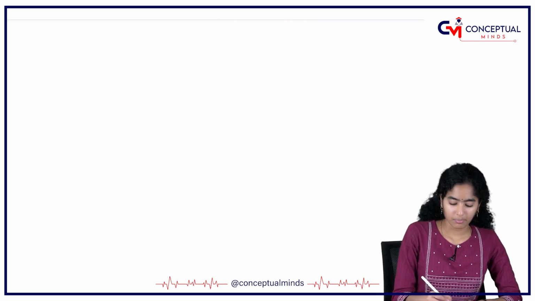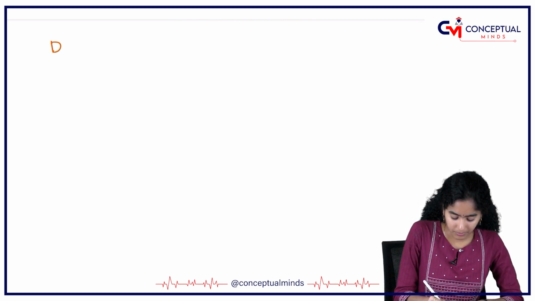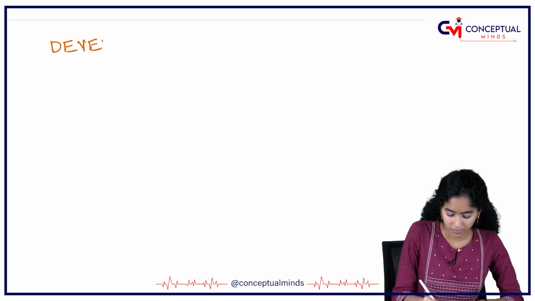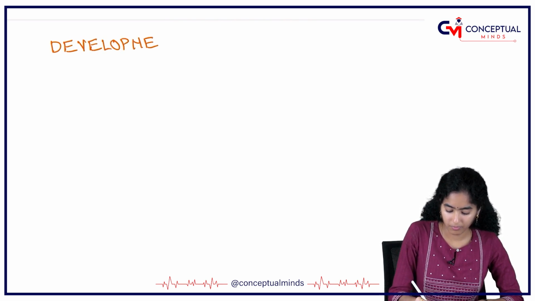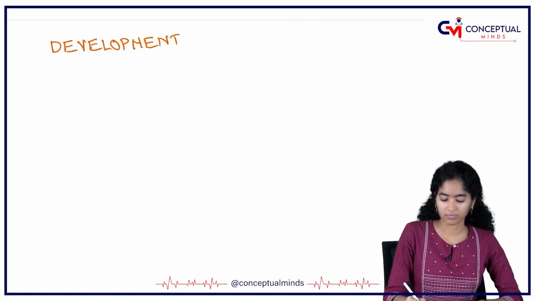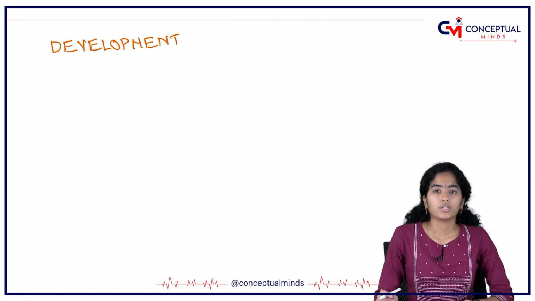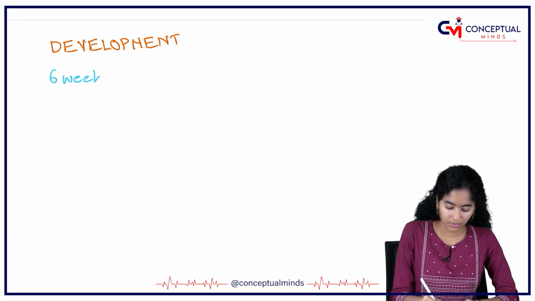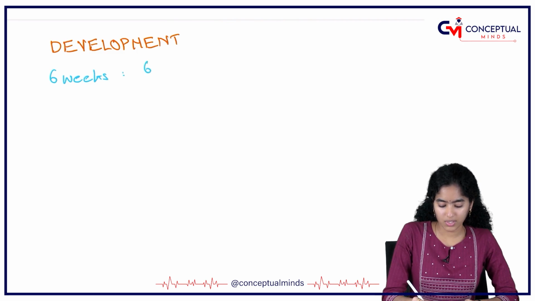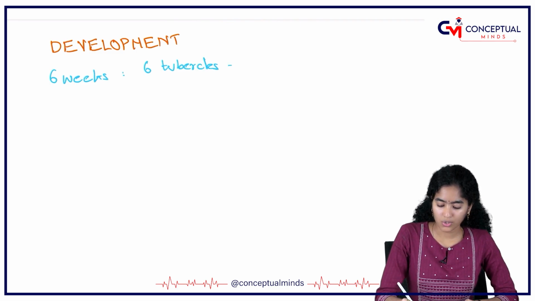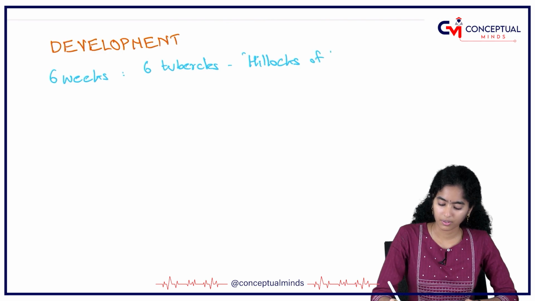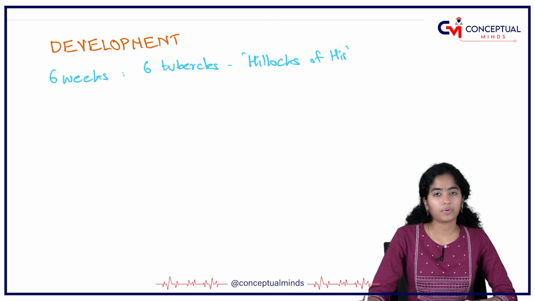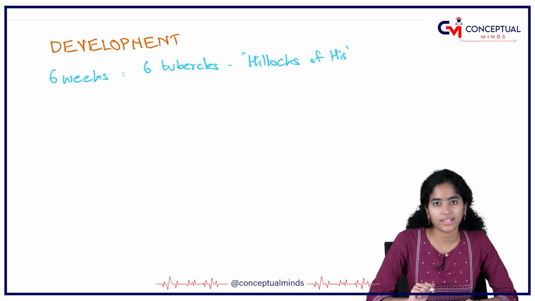Next, let us study about the development of pinna. During the embryonic life, at about 6 weeks, 6 tubercles called hillocks of His develop around the first and second branchial arch.